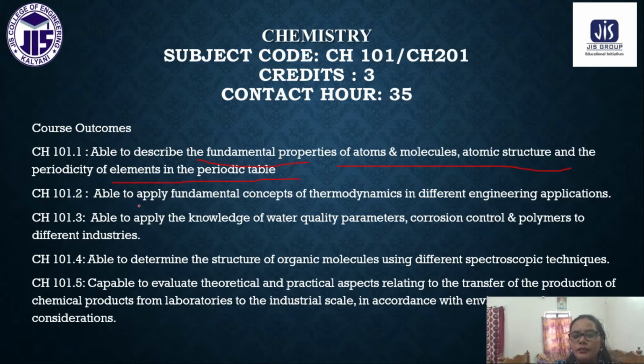You can apply the fundamental concepts of thermodynamics in different engineering applications. You can apply the knowledge of water quality parameters, corrosion control and polymers to different industries.